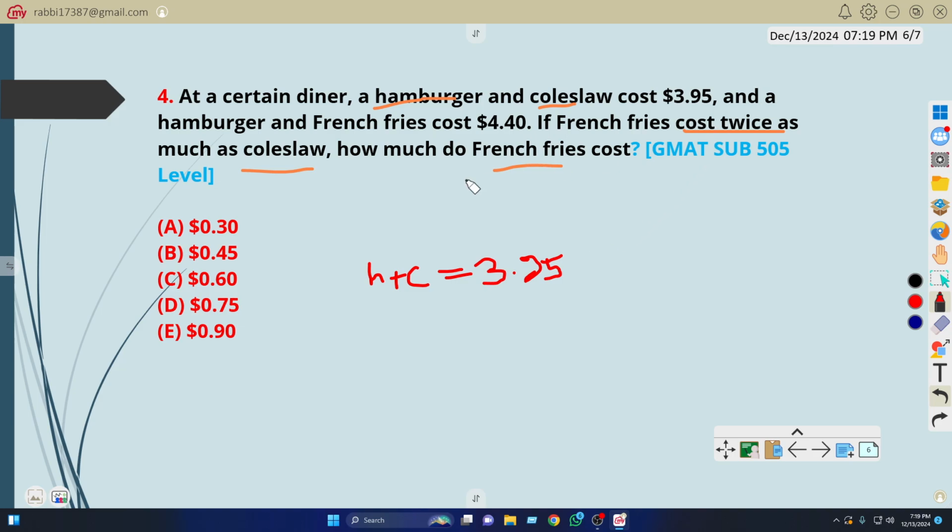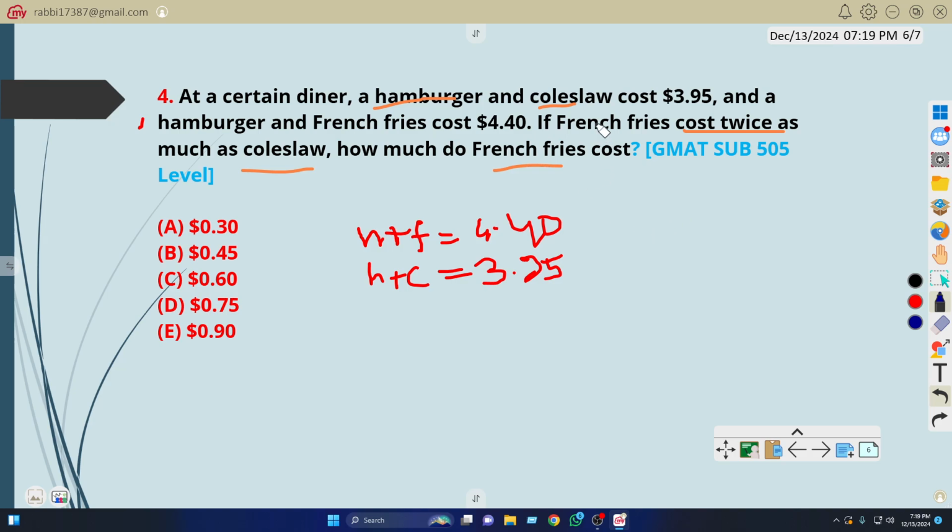Then the second condition is hamburger and french fry cost, hamburger plus french fry is 4.40. So this is the first equation and this is the second equation.